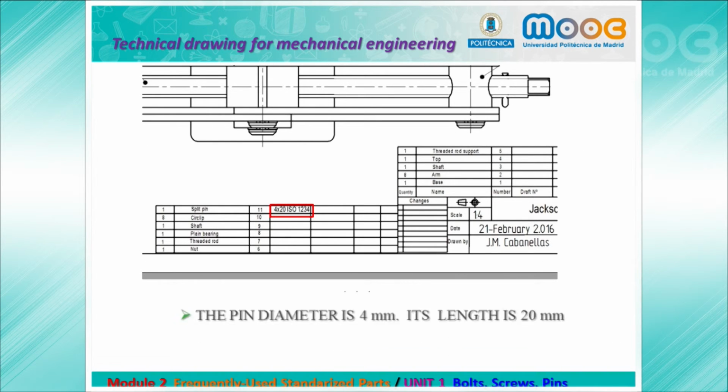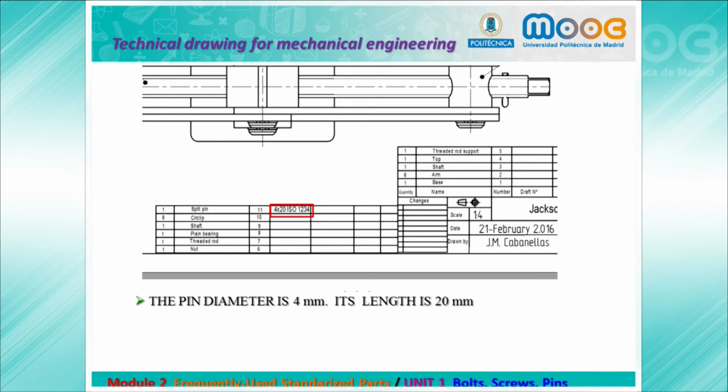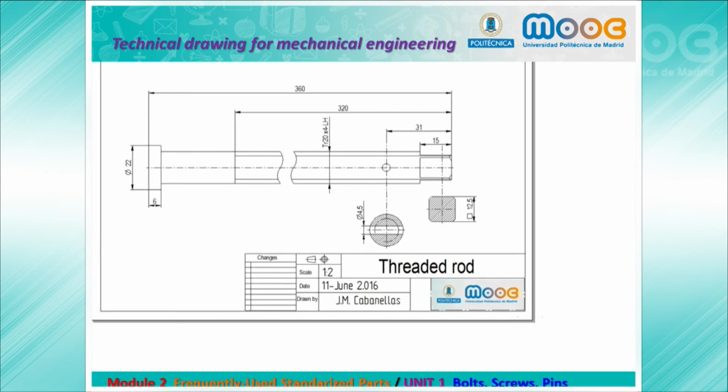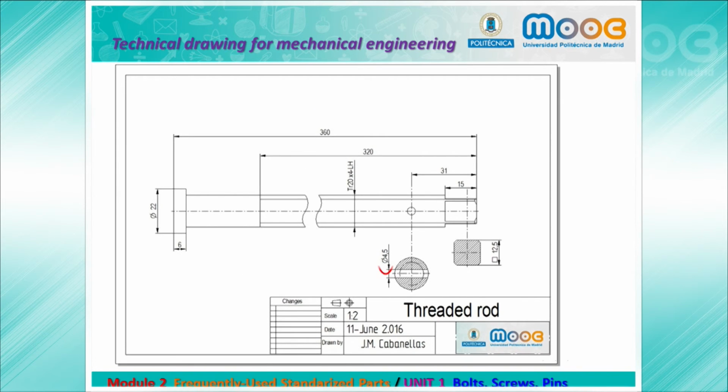See here the designation. The pin diameter is 4 millimeters. Its length is 20 millimeters. The hole in part 7 must be 4.5 millimeters. See now the threaded rod. It has the hole for the split pin.